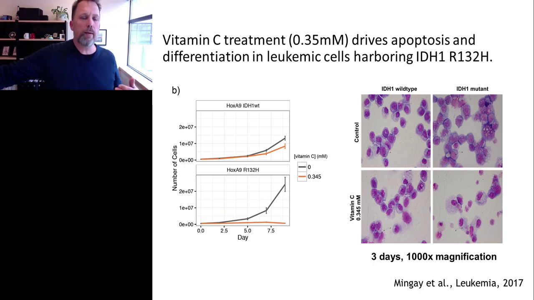So what happens to the cells themselves in the presence of vitamin C? On the left-hand panel here, on the top, this is HOXA9 IDH wild type, grown in either the presence of control or the carrier, or in the presence of vitamin C. And what we can see is that there's very little change.